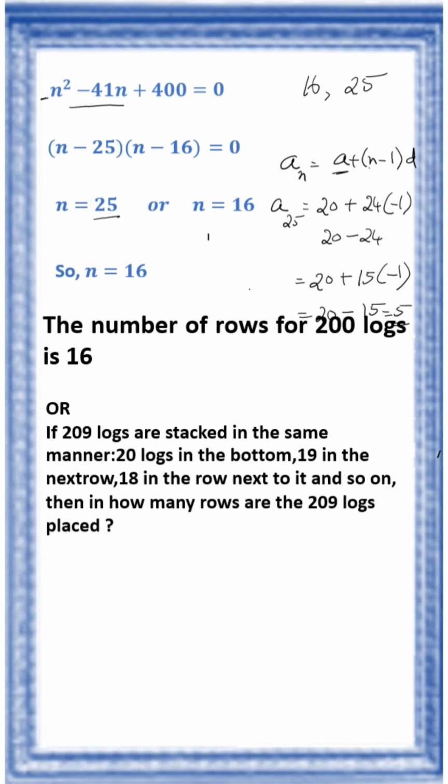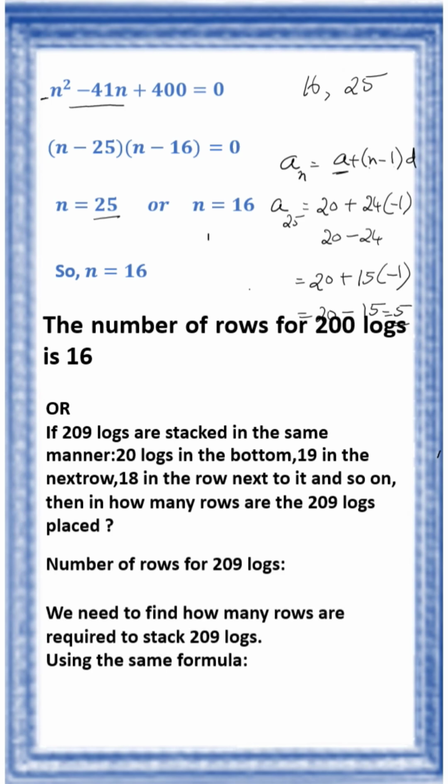There is another internal choice question for this one. If 209 logs are stacked in the same manner, 20 logs in the bottom, 19 in the next row, 18 in the row next to it, and so on, then in how many rows are the 209 logs placed? Number of rows for 209 logs.